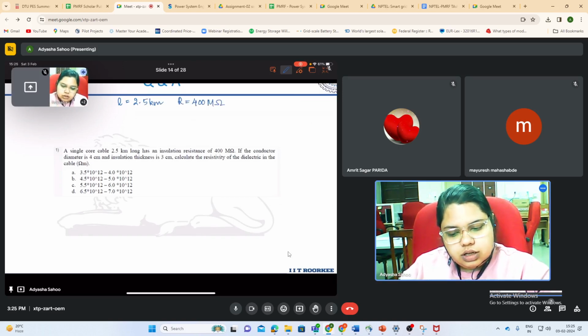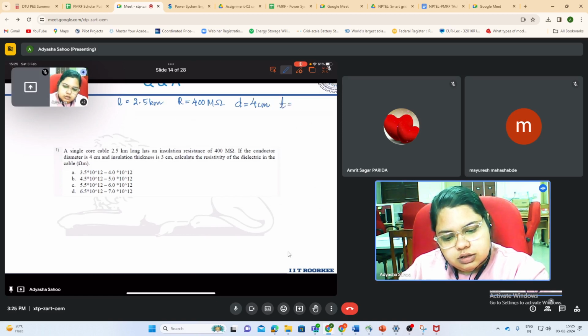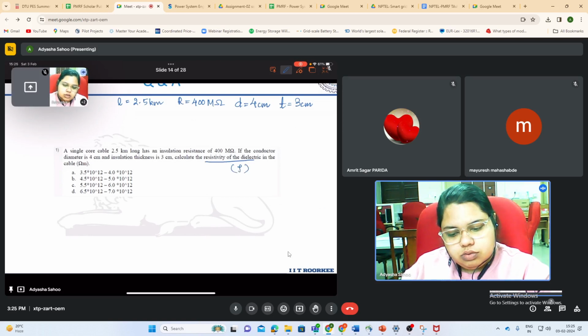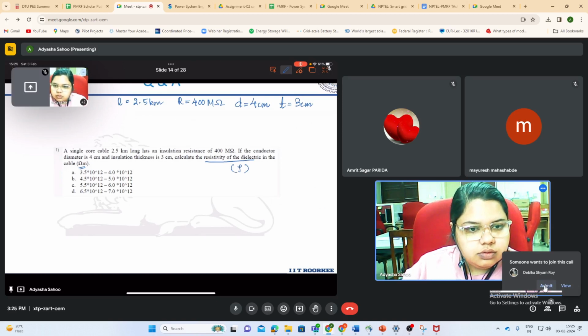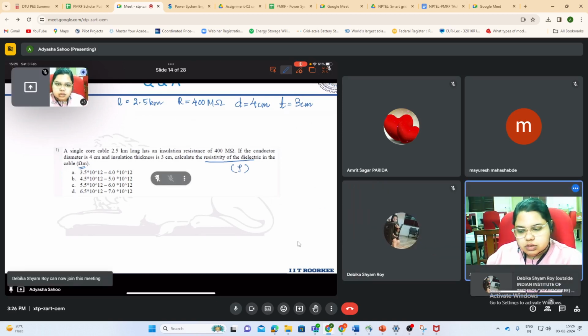If the conductor diameter is 4 centimeters and the insulation thickness is 3 centimeters, calculate the resistivity of the dielectric rho in the cable in ohm per meter. You may try yourself once for 1 minute maybe. I'll give you the time.